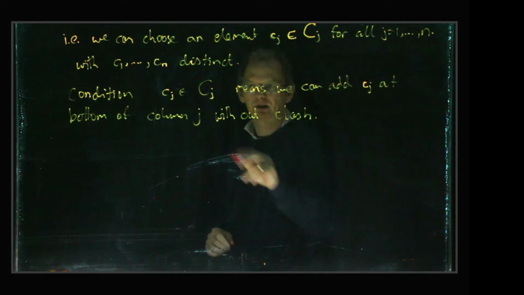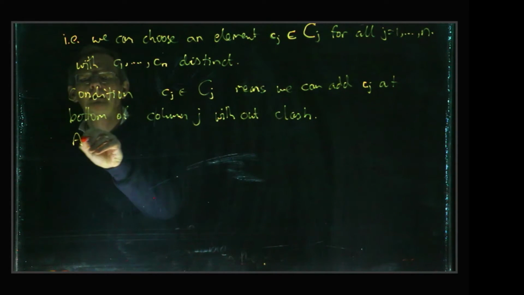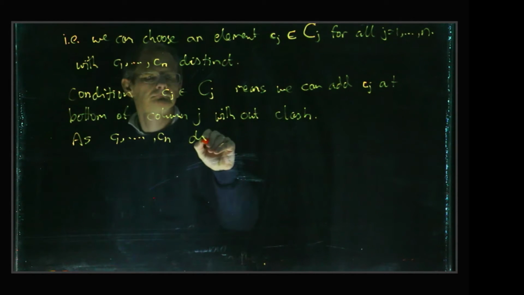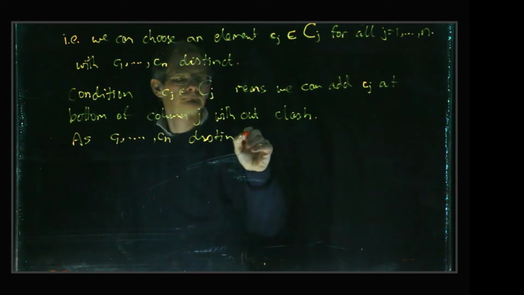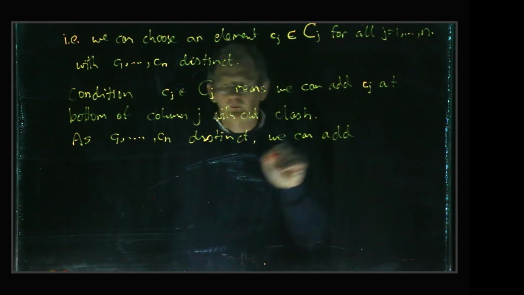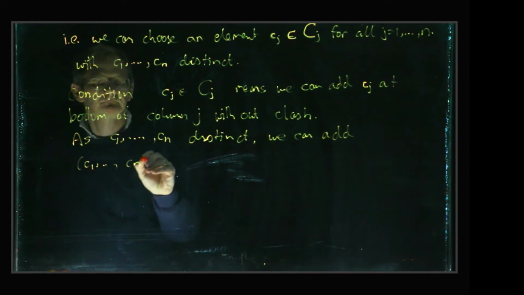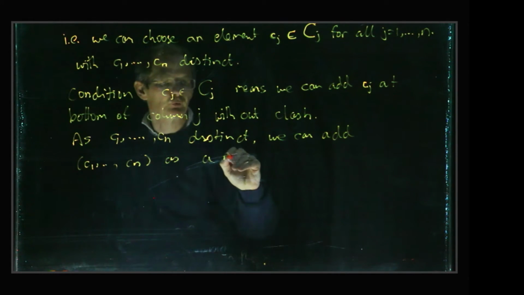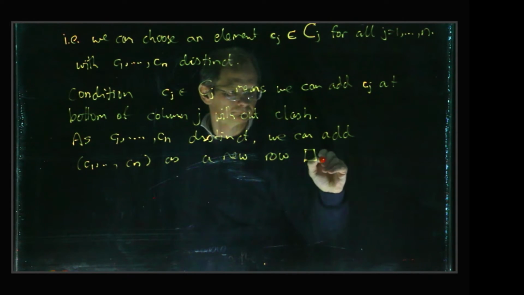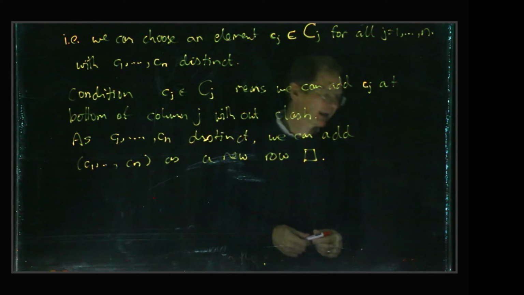Okay, so we can add, and then the second condition, that means we can add the list C1 up to Cn as a new row. So that gives us a new row of our Latin rectangle.